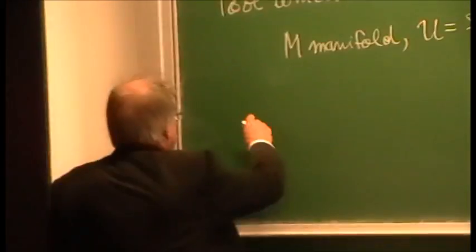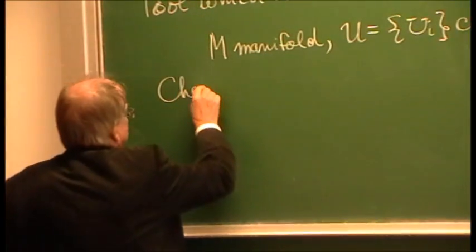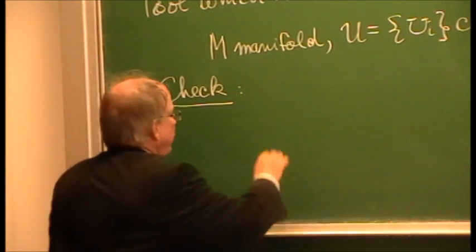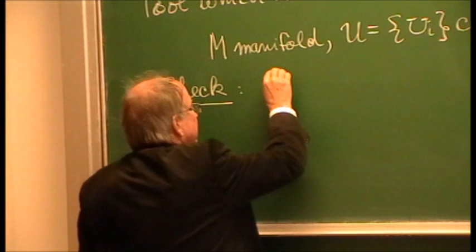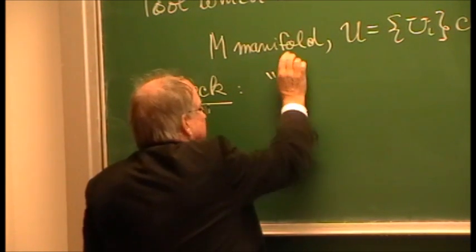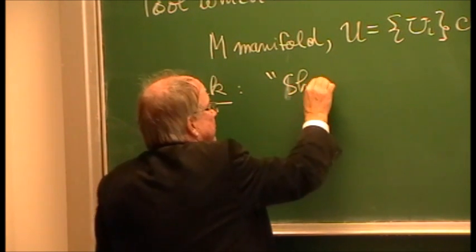Now, one thing you can check, it's not difficult to check, you can shrink the covering. So shrinking is, let me just phrase it in rough terms first. The cover, you can shrink the covering, so shrinking is possible.